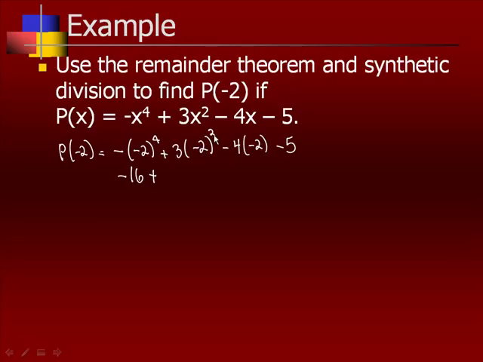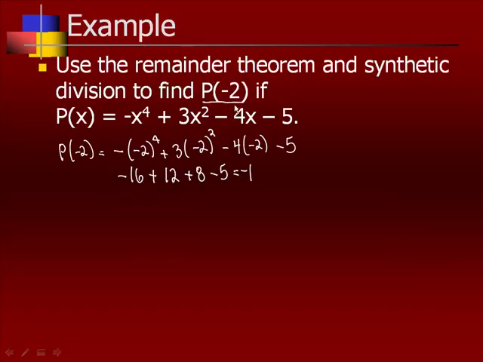This would be negative 2 squared, which is 4, times 3 is 12. This is a negative 4 times negative 2 is a positive 8 minus 5, which gives us negative 4 plus 8, which is 4. 4 minus 5 is negative 1. Lots of little places to make an error.